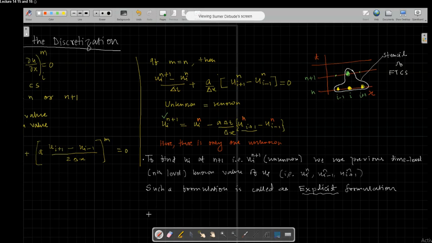Also, we have noted that since all the space level values, I plus 1, I, I minus 1, etc., are at nth level, that is known level.